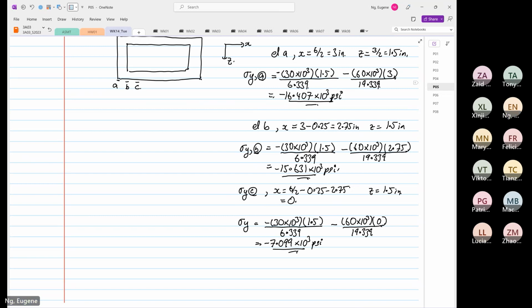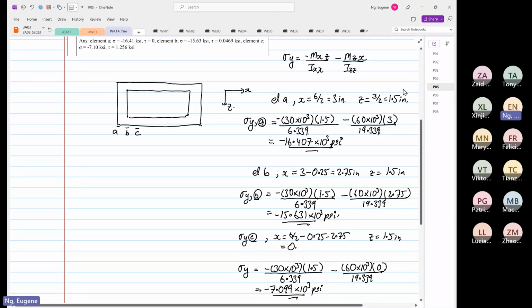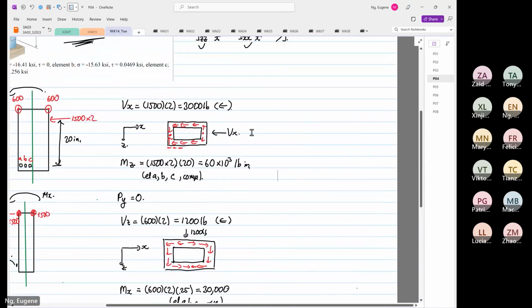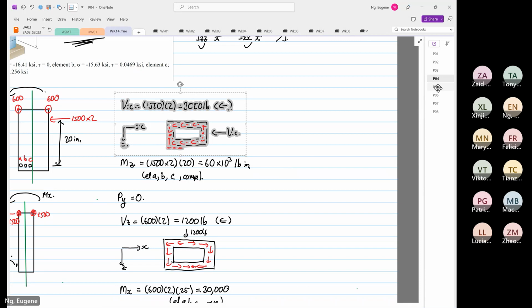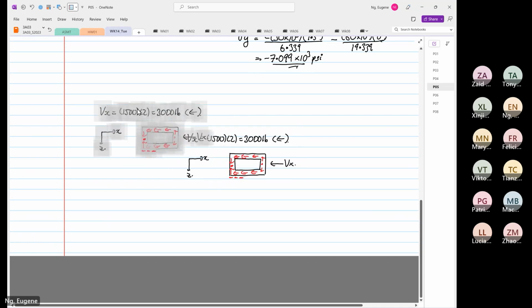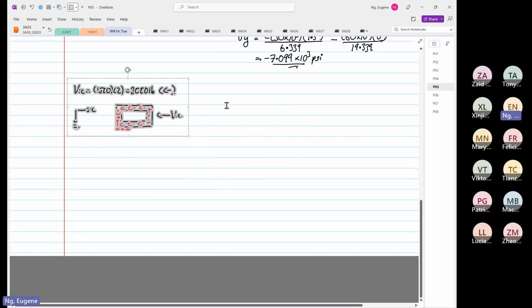Okay, so now we are going to view the shearing stress. Let's get these figures over. So this is our Vx.